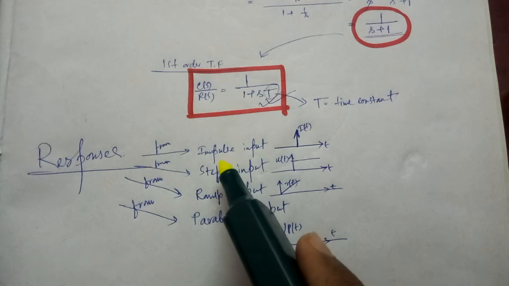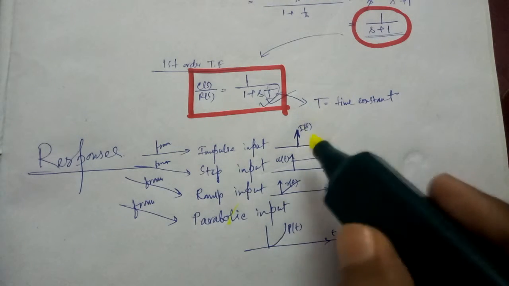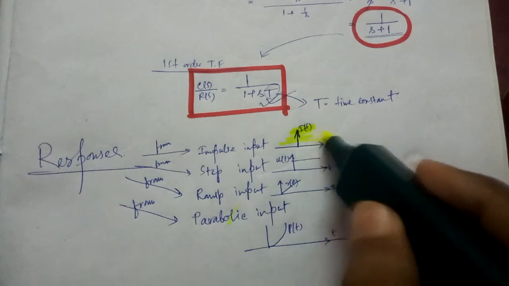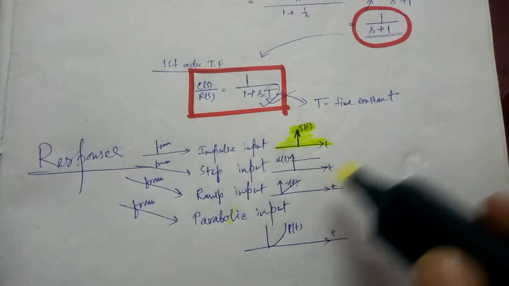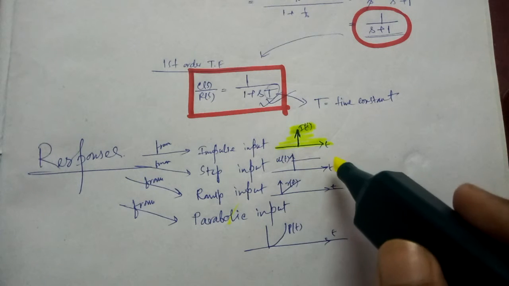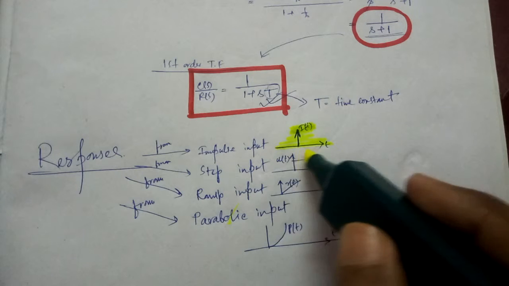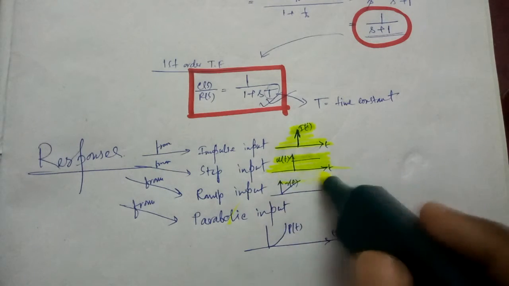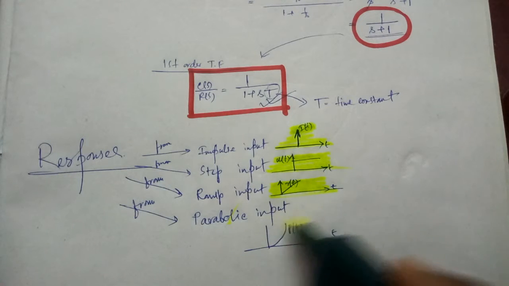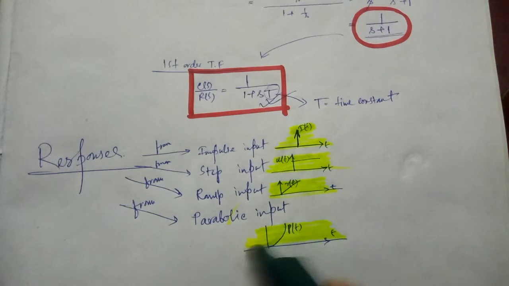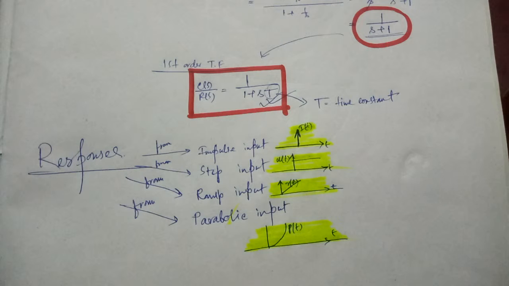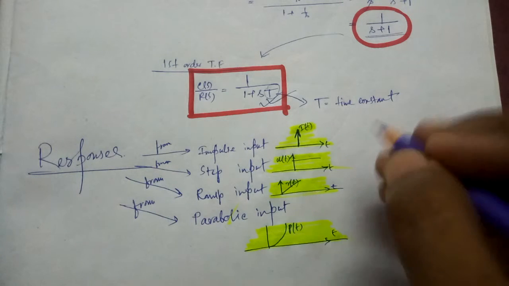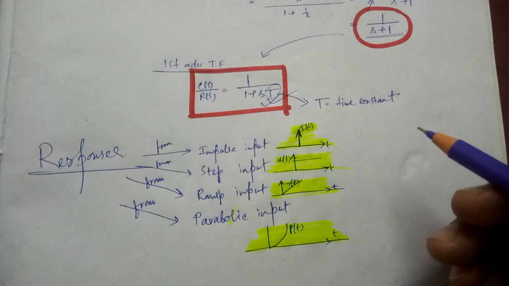So these are the 4 types of inputs from which we get the output responses. First is impulse input. We know the impulse function delta t, I have drawn it here, and it looks like this. The step input, we have drawn the step function, similarly ramp and parabolic. The most important thing you have to understand is the Laplace transformation of these.